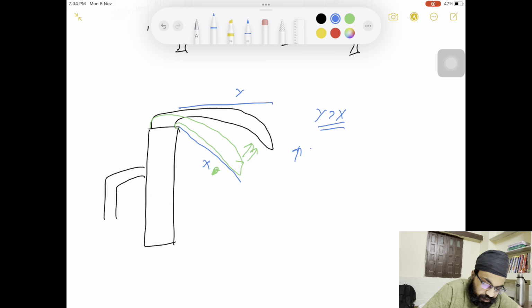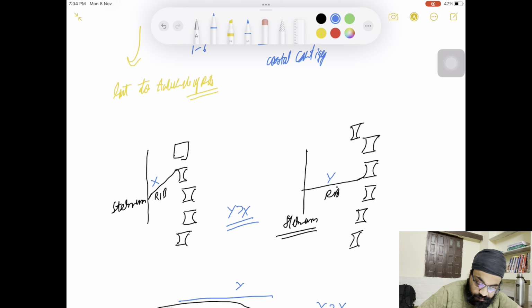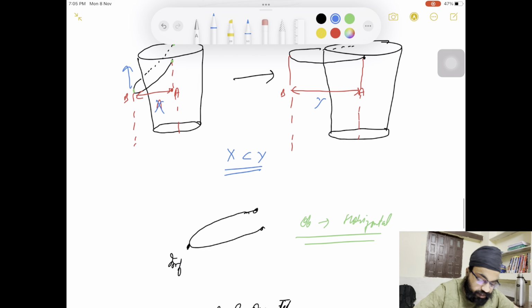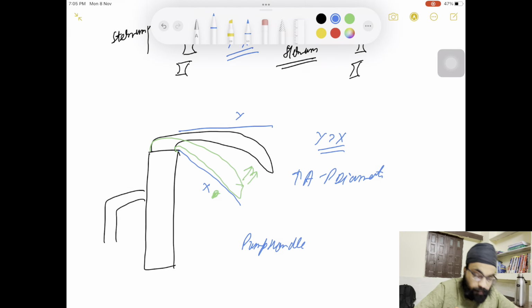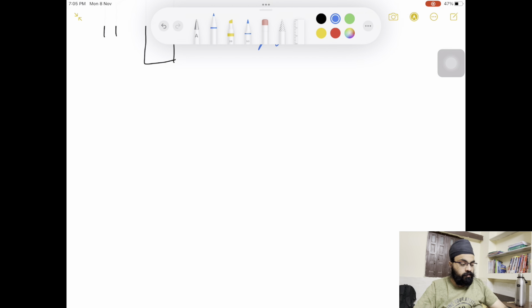Again, y is more than x, hence there is increase in anterior posterior diameter. That's why this is also known as pump handle movement. The first one was piston, second was bucket handle, third is pump handle movement. So this covers the core concept of this chapter.